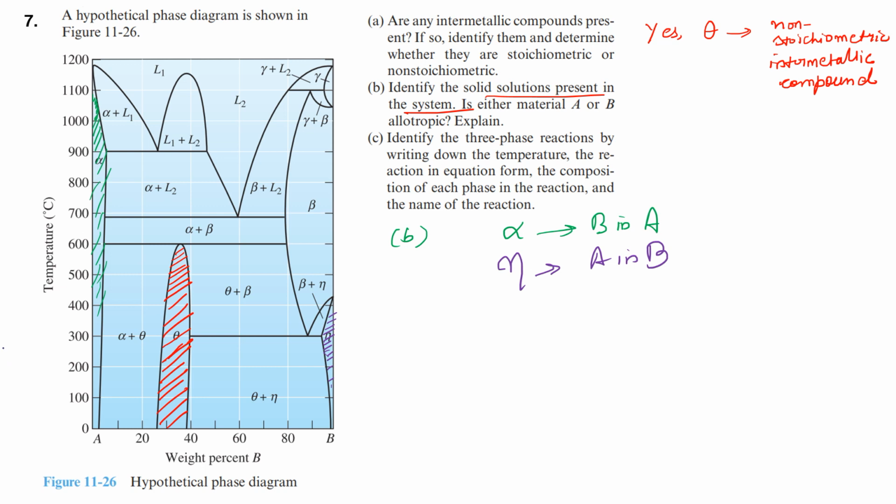Then we have the gamma phase. Again, this is a solid solution of A and B, and then we have the beta phase.